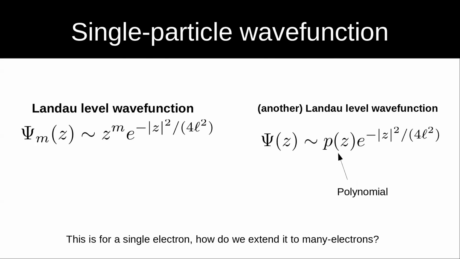And so now the idea is that regardless of which power you take for this prefactor of the Gaussian envelope, you will always get a zeroth Landau level wave function. So you can have a wave function that is, let's say, just 1 as prefactor, or z as prefactor, or z squared as prefactor, or z to the third power as prefactor, and so forth.